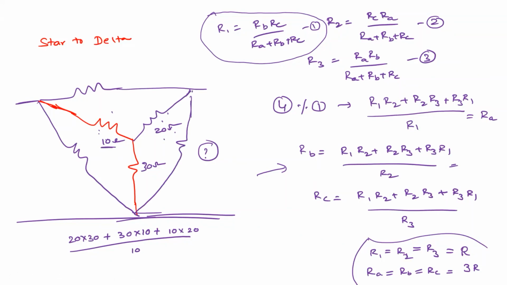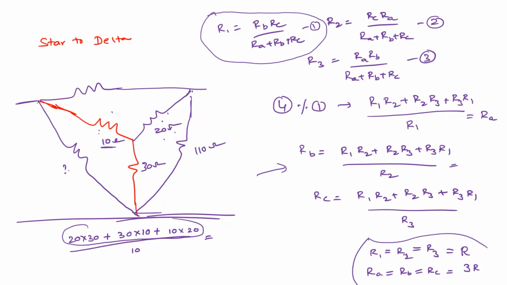What is its value? 1100 upon 10, which is 110 ohm. Similarly, what is this value? The numerator is the same, only the denominator will change.